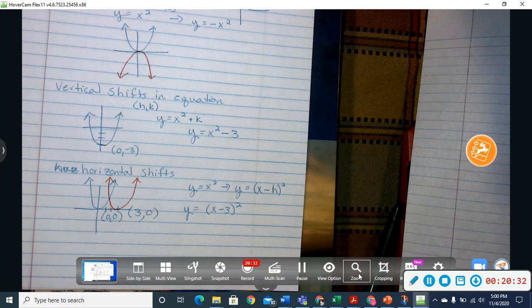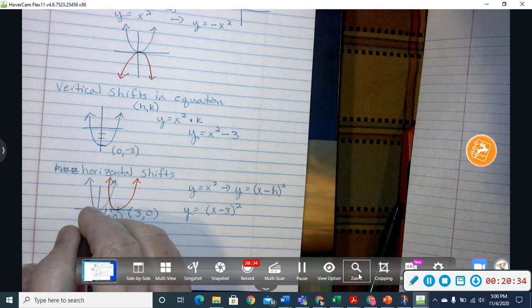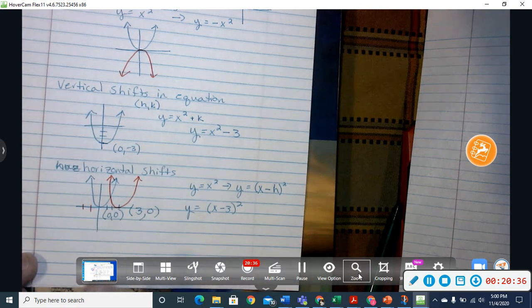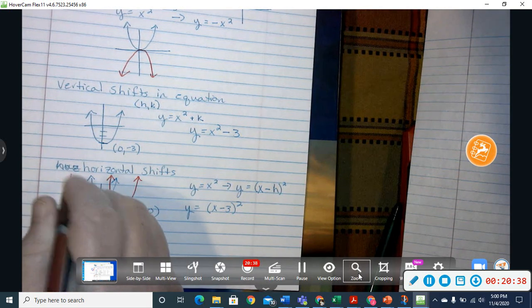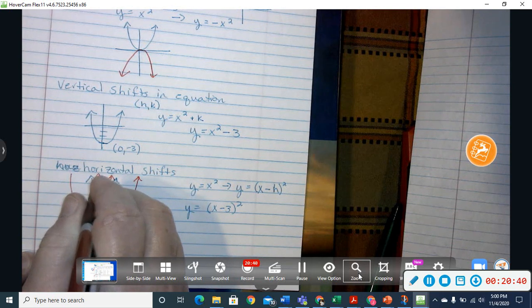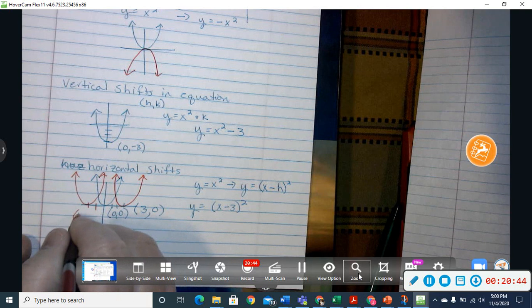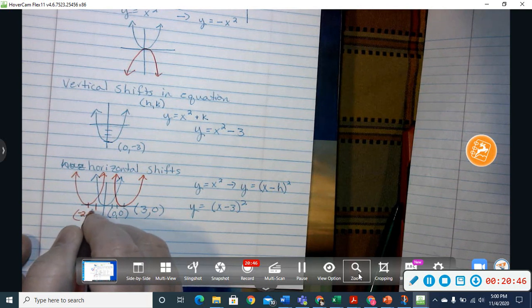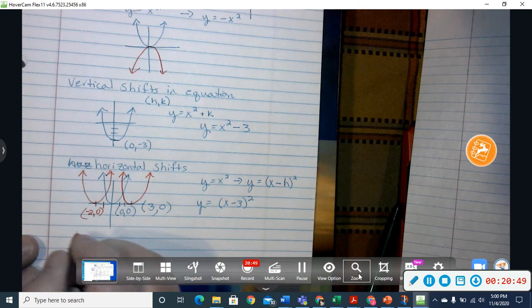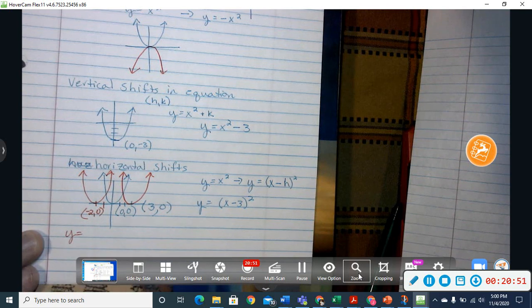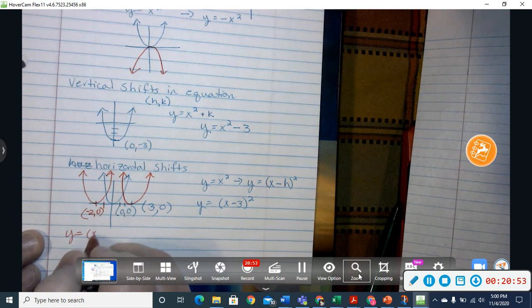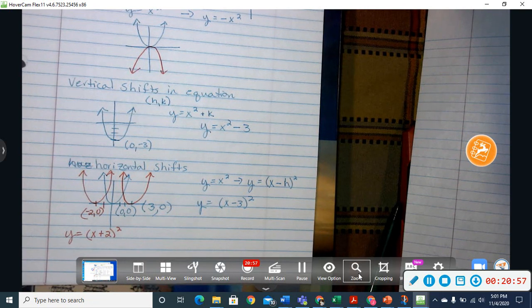So a graph that shifts to the left, say 2 units, which makes this vertex -2, 0, is going to make our equation be y equals x plus 2 squared.